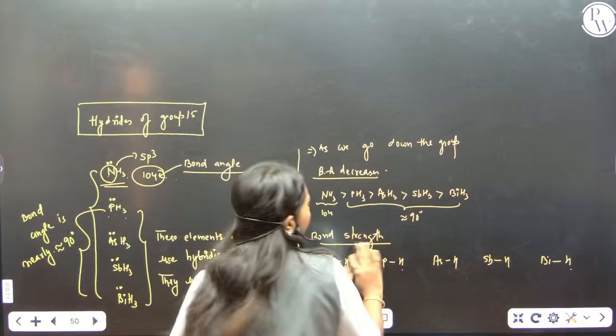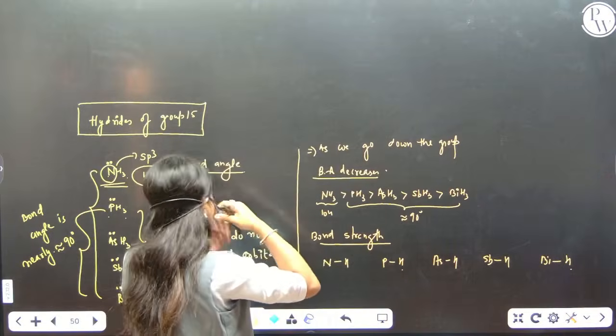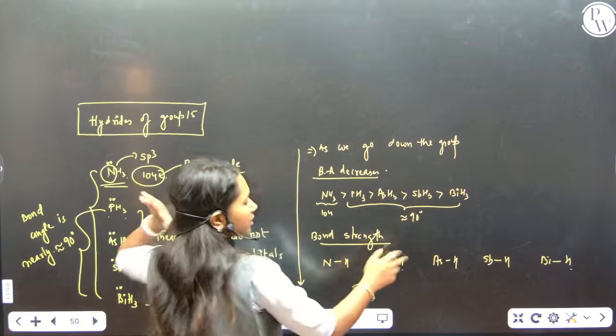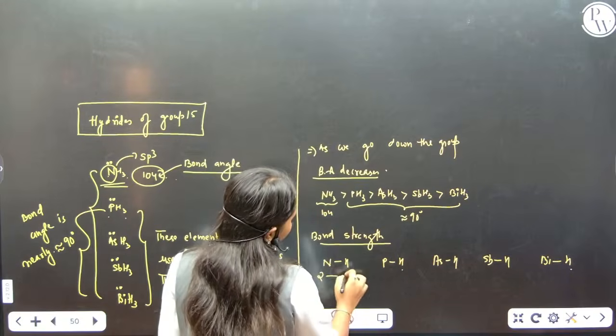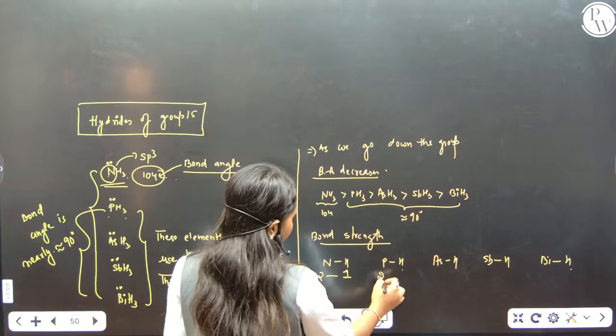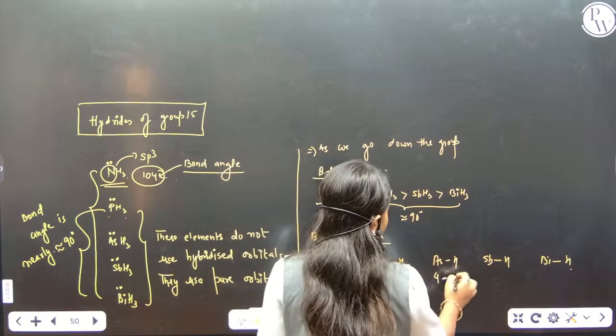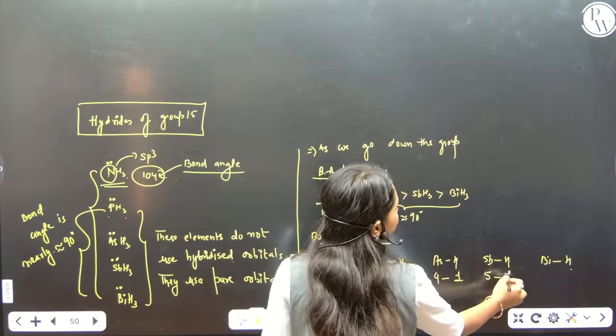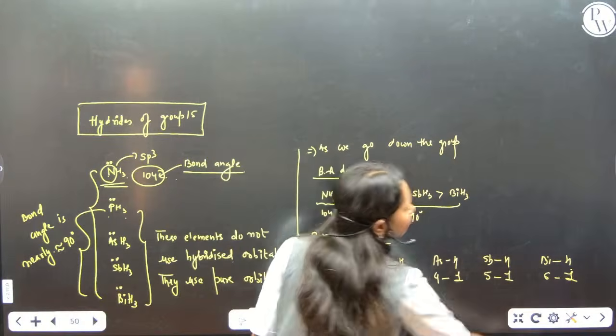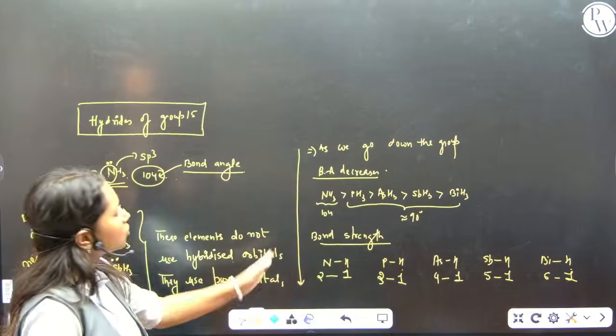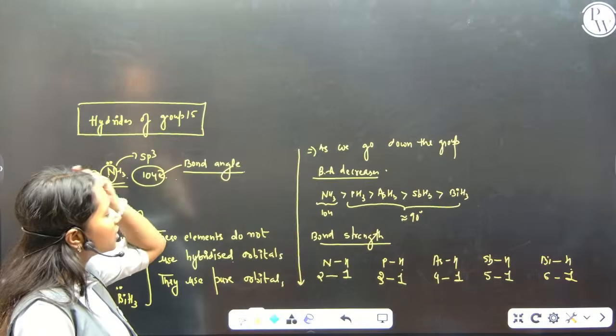Okay, so here, bond strength. Nitrogen, second period, first period. Third period, first period. Fourth period, first period. Fifth period, first period. Sixth period, and first period. Right? So, where is the bond strength?